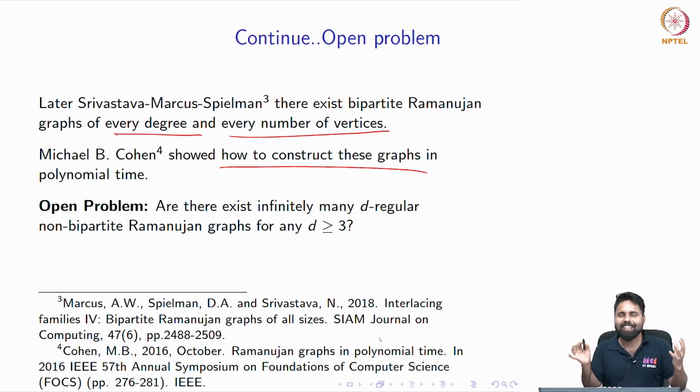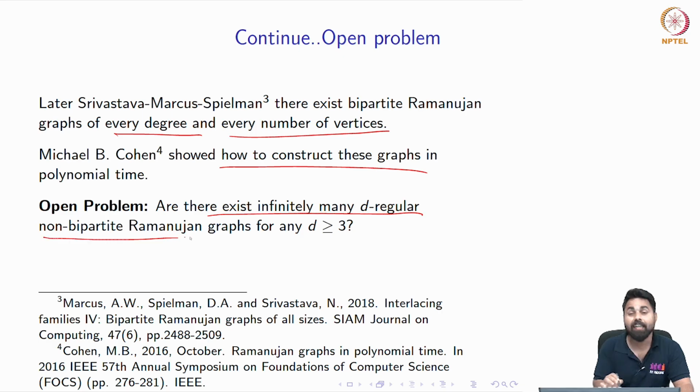Very interesting things are going on. But this conjecture is still open for the non-bipartite case. Do there exist infinitely many D-regular non-bipartite Ramanujan graphs? This conjecture is still open.